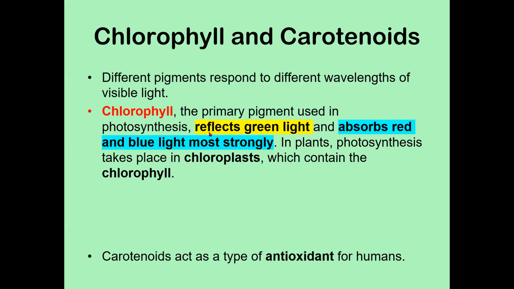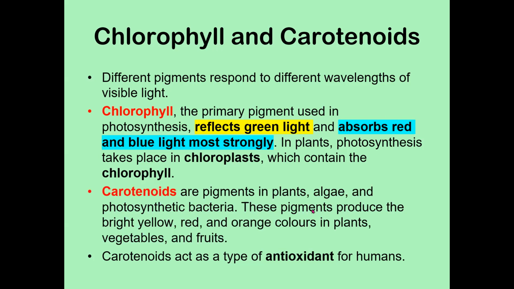And it reflects green light and it absorbs the red and the blue most strongly. So the reason that we see plants outside, looking at one there, the leaves are green, is because it doesn't use the green light, it reflects the light off the leaf. The reds and the blues are absorbed, and that's what's used in photosynthesis.